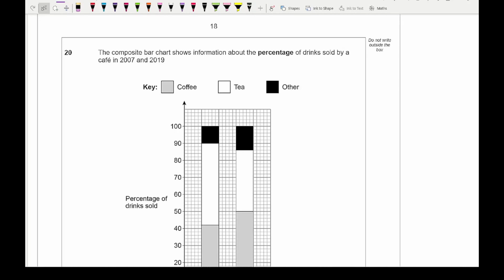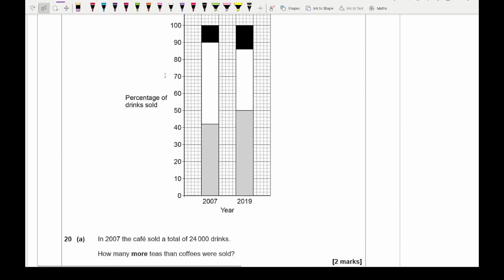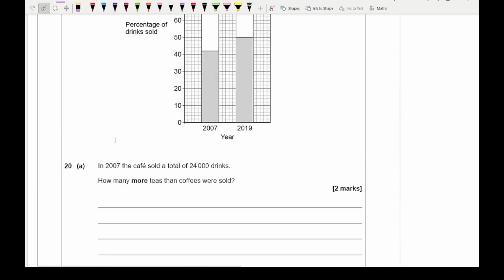Then moving on to question 20, it says the composite bar chart shows information about the percentage of drinks sold by a cafe in 2017 and 2019. For part A, it says in 2017, the cafe sold a total of 24,000 drinks. How many more teas than coffees were sold?